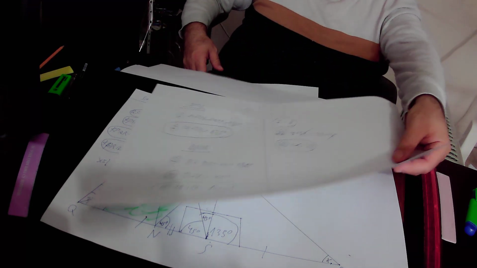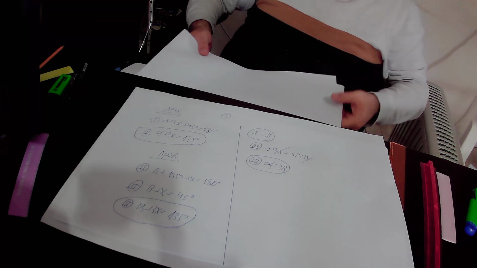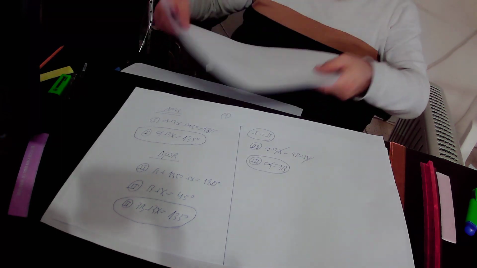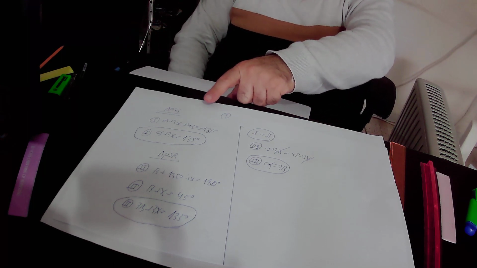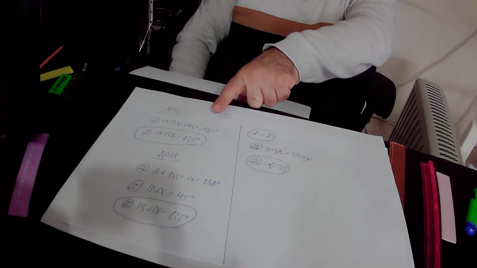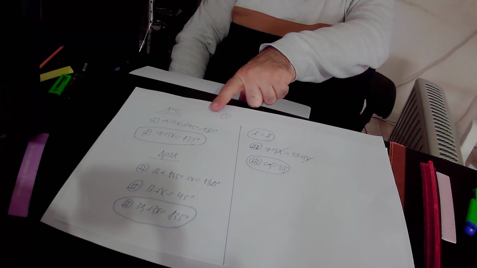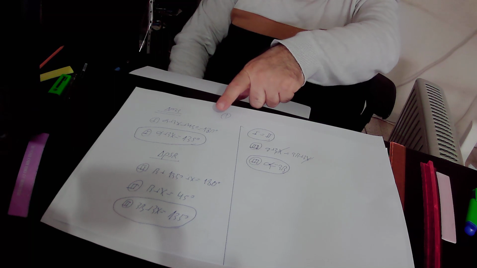Then we know that the sum of the angles in any triangle is equal to 180 degrees. The sum of the angles in triangle PSQ equals 180 degrees, that is to say alpha plus 3x plus 45 degrees equals 180 degrees. We subtracted 45 degrees from this equation number 1, and we got that alpha plus 3x equals 135 degrees.